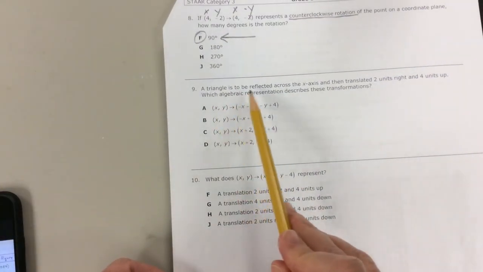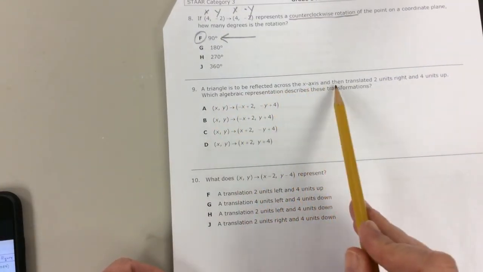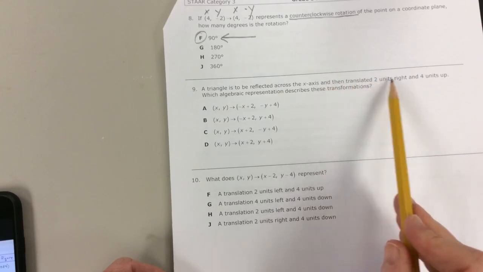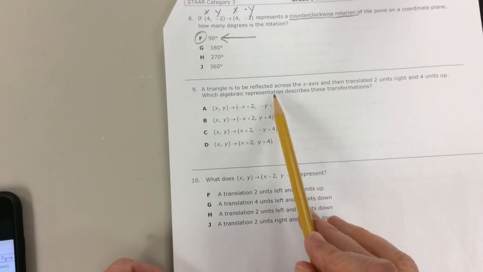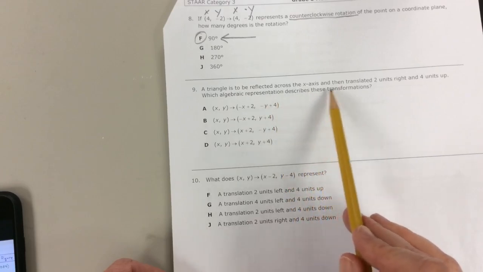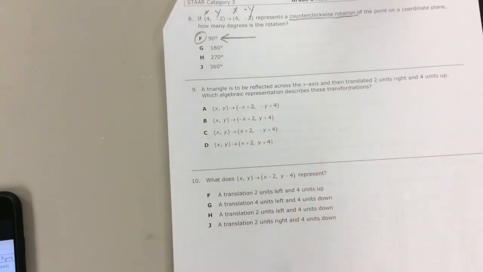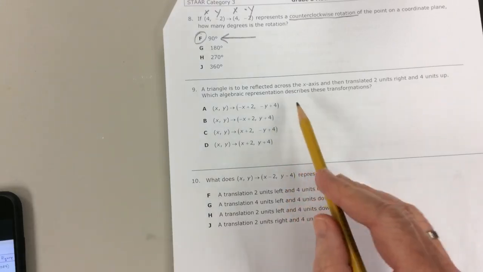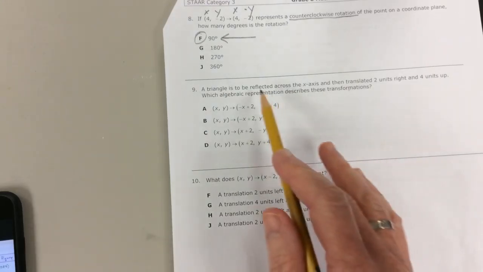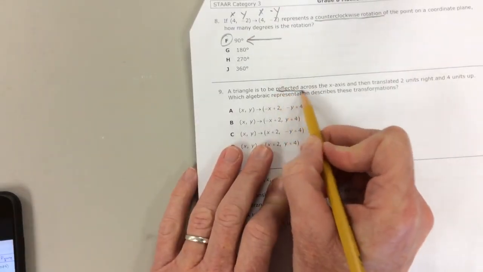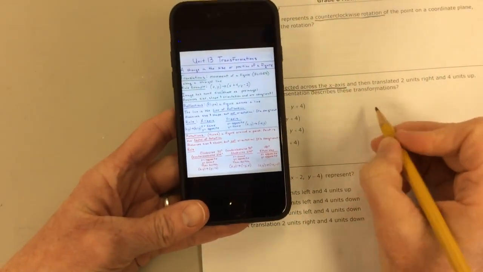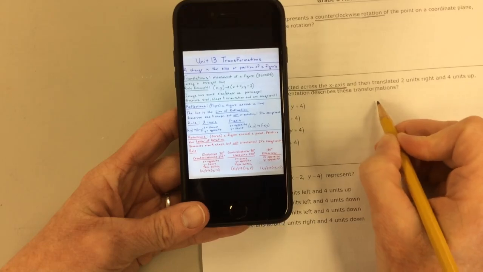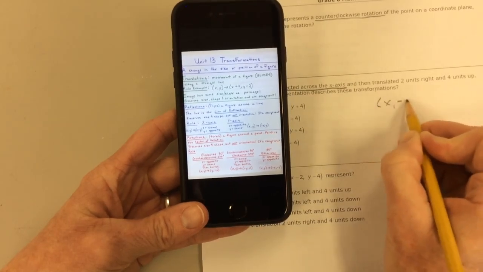Okay, and number 9, this triangle is to be reflected across the x-axis and then translated 2 units right and 4 units up. Which algebraic representation describes these transformations? Well, the rule for a reflection across the x-axis is it becomes (x, negative y).